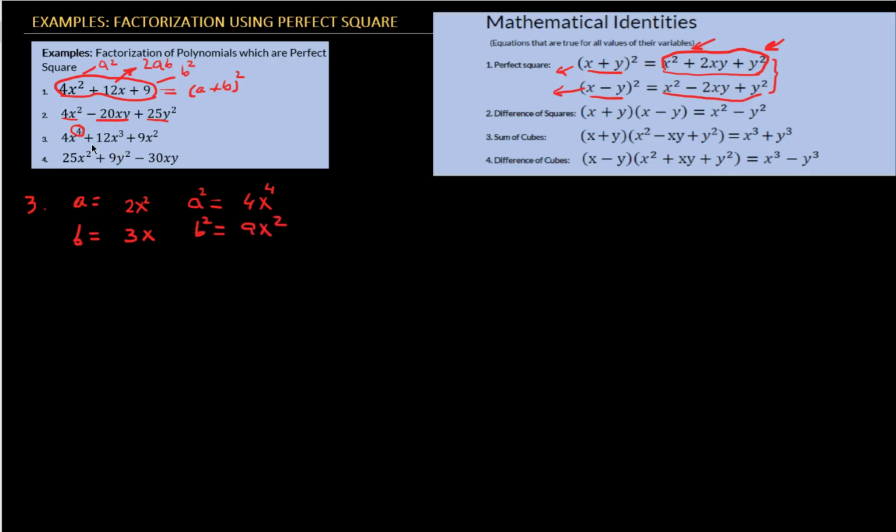Now this is the most important term, which should be equal to 2ab. And what is 2ab? Can you realize that there is no y here? It seems that there is only x, but it doesn't make any difference, because these identities are true for all values.